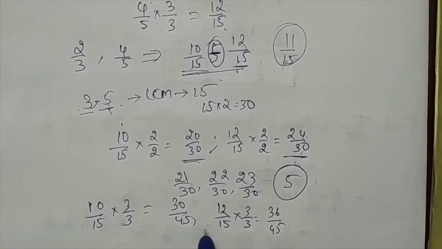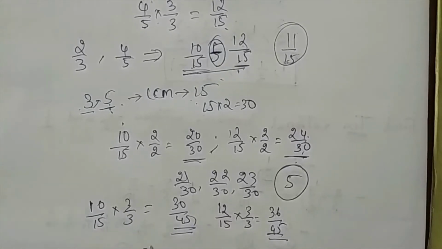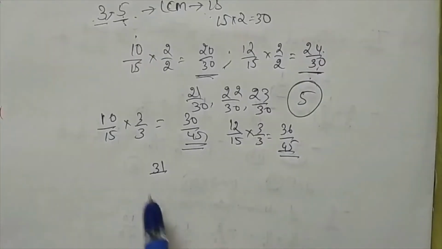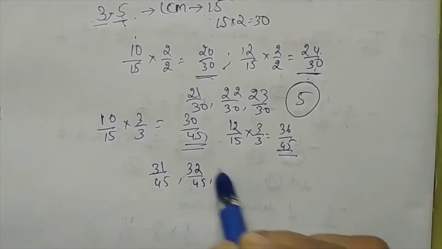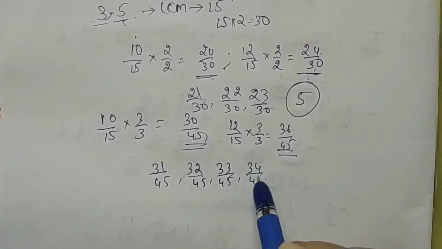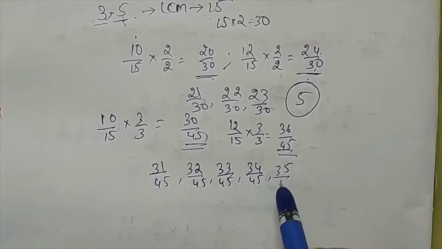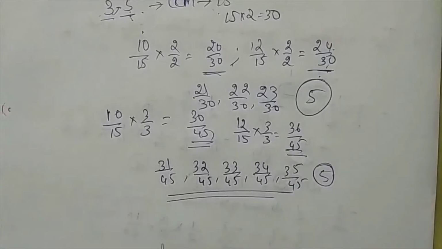So the rational numbers between 30 by 45 and 36 by 45 are 31 by 45, and so on. We got 5 rational numbers.